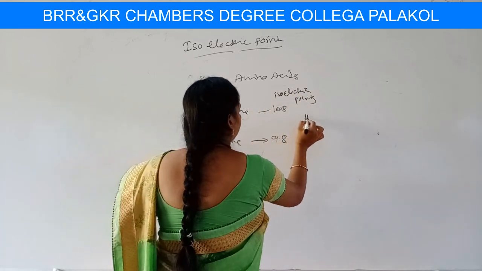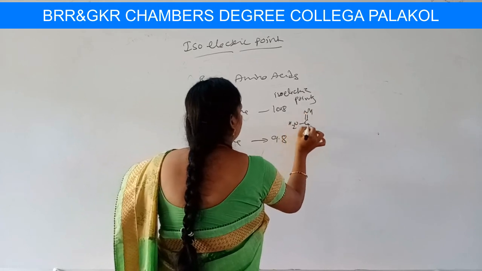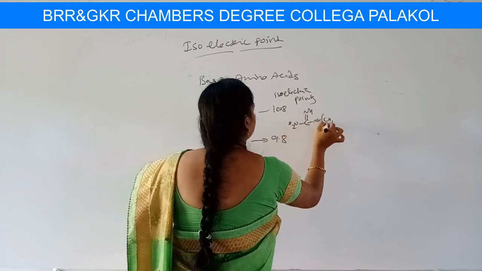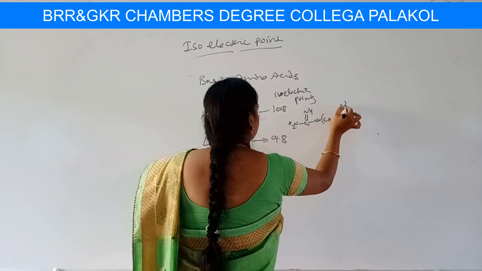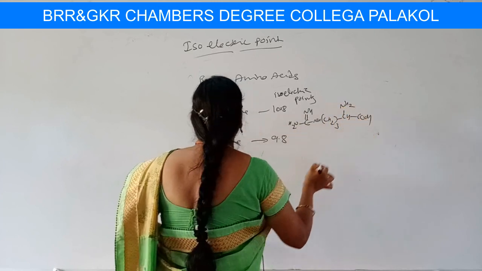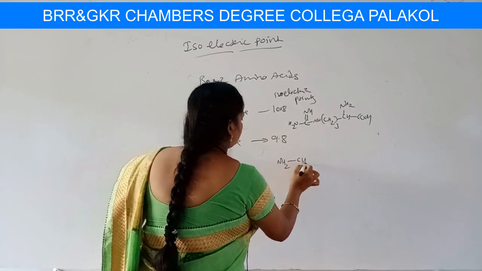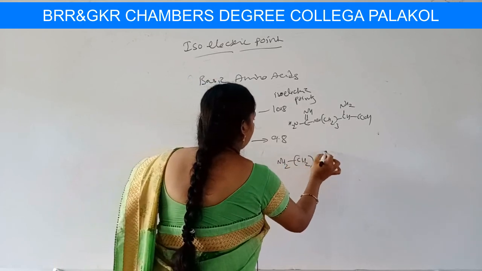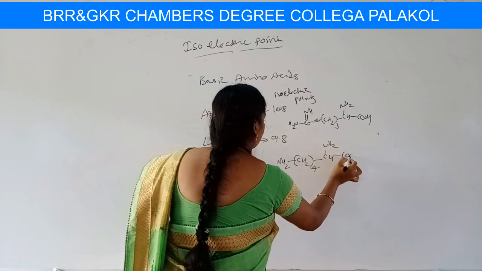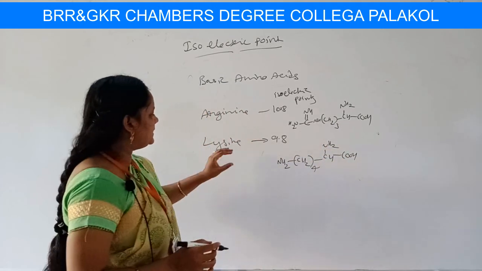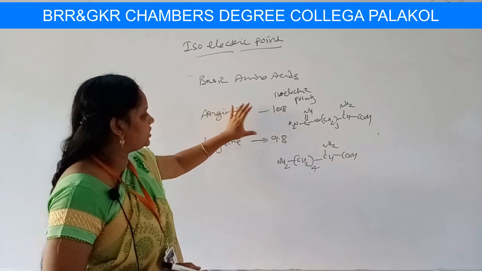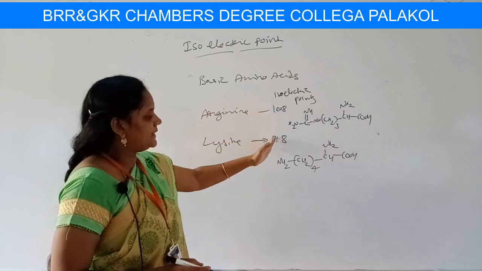Let us write C=NH, NH2, NH, CH2 taken 3 times, CH, NH2, COOH. What is lysine, students? NH2, CH2 taken 4 times, CH, NH2, COOH. Okay, this is the structure of lysine, this is the structure of arginine, and these are their isoelectric points.